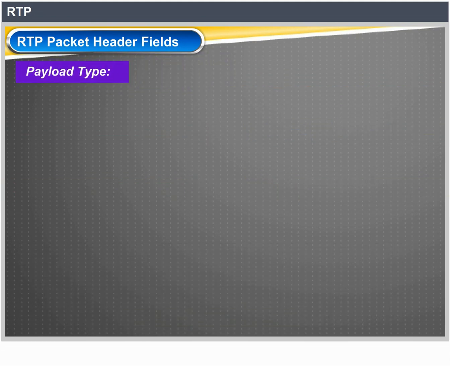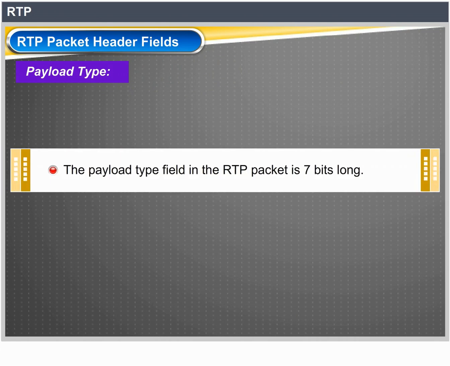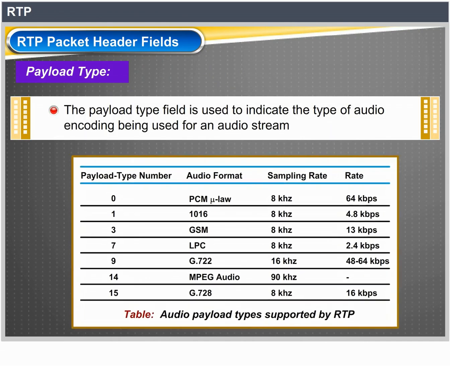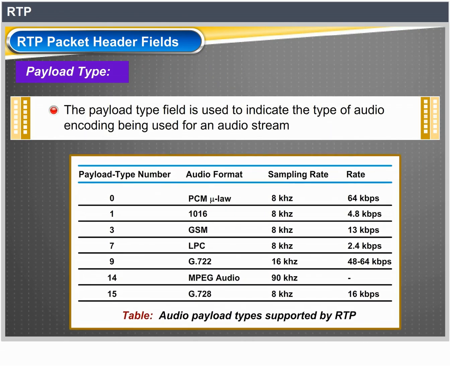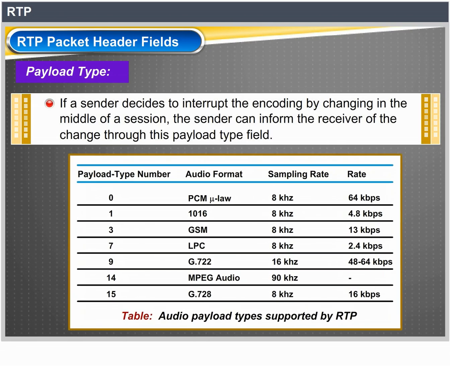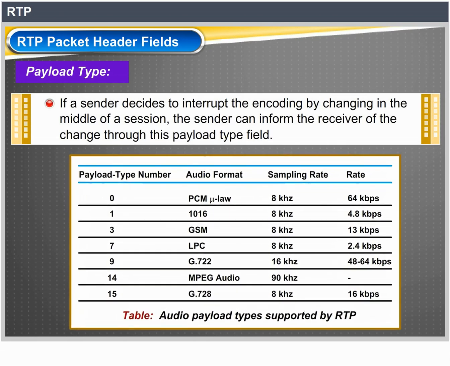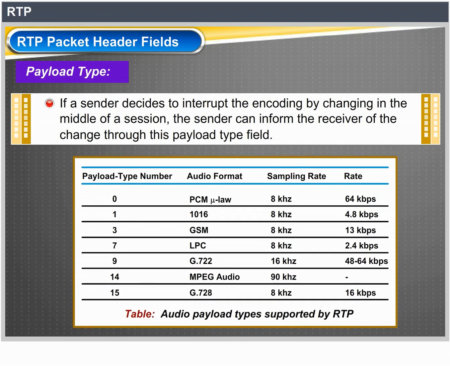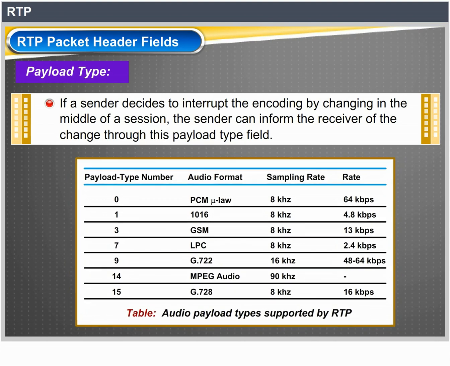Payload type. The payload type field in the RTP packet is 7 bits long. For an audio stream, the payload type field is used to indicate the type of audio encoding that is being used. If a sender decides to change the encoding in the middle of a session, the sender can inform the receiver of the change through this payload type field.